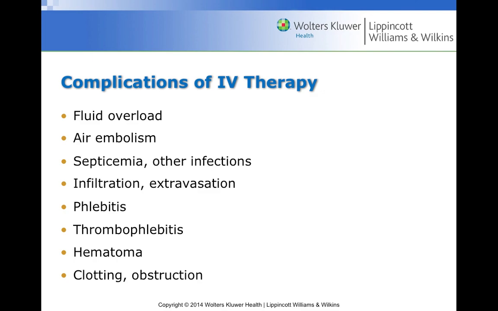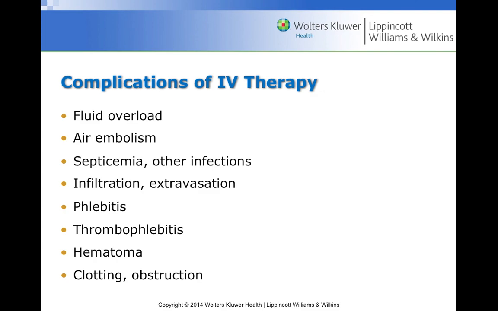Close monitoring of the insertion site is necessary to detect infiltration before it actually becomes severe. Infiltration is easily recognized if the insertion area is larger than the same site of the opposite extremity, but is not always so obvious. A common misconception is that a backflow of blood in the tubing proves that the catheter is properly placed within the vein.